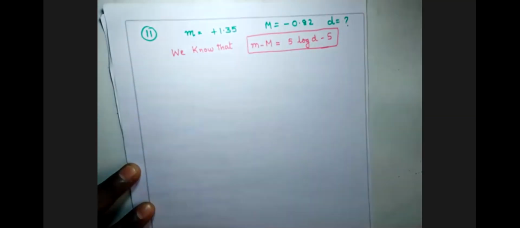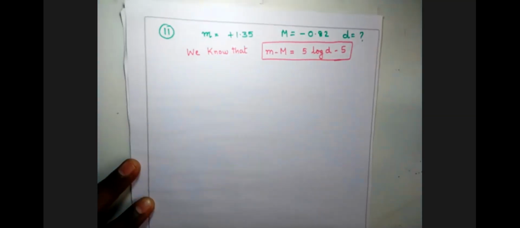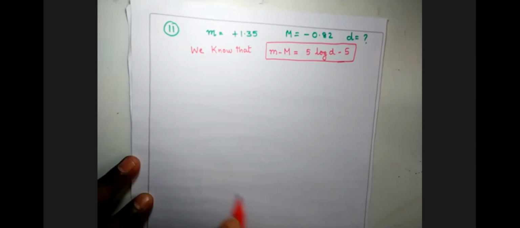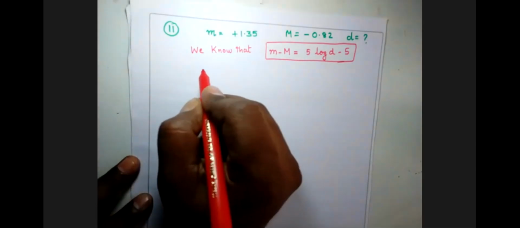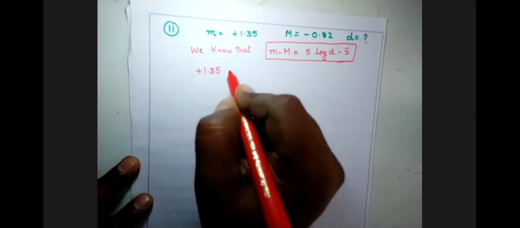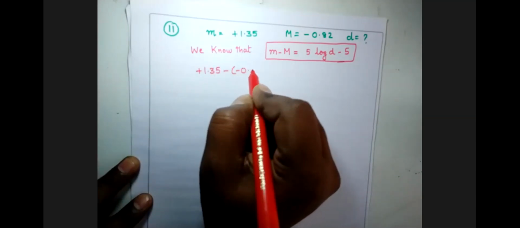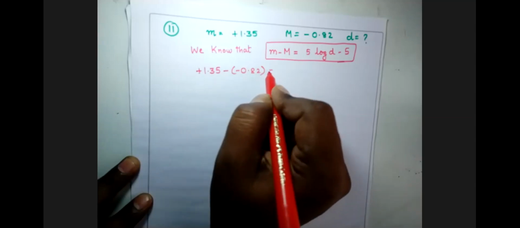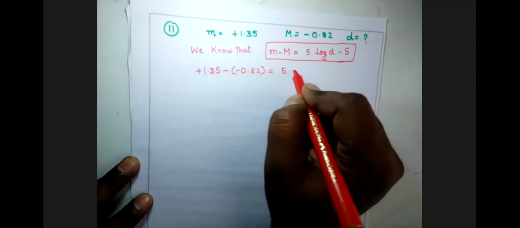Substitute the values. Plus 1.35 minus of minus 0.82 is equal to 5 log D minus 5.